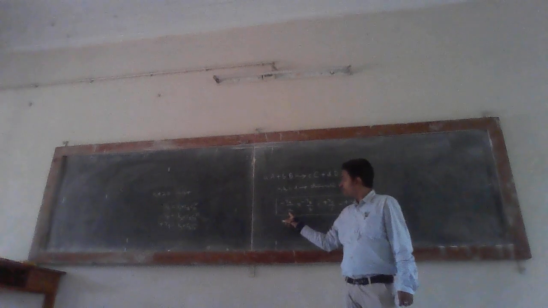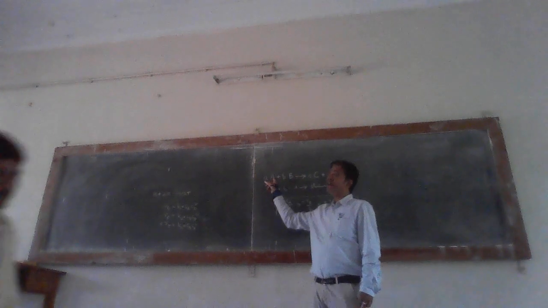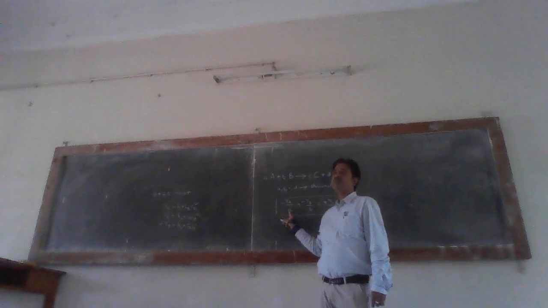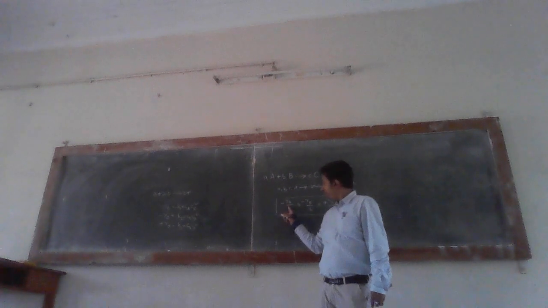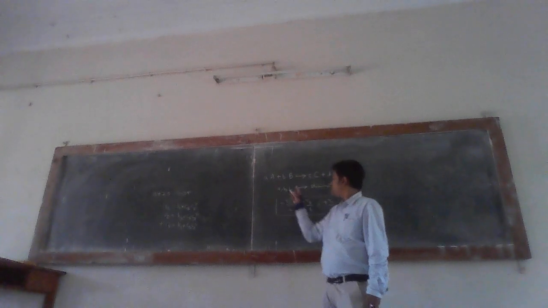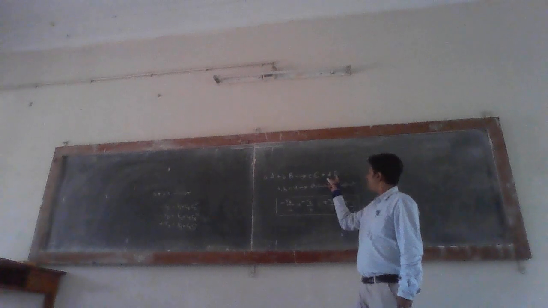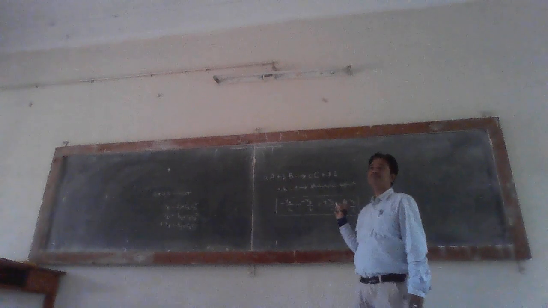We need to divide the particular component's rate by its stoichiometric coefficient. Because A is a reactant, I keep minus Ra by its coefficient a. Similarly for B divide with b, for C divide with c, for D divide with d. Because these two are products, I kept plus.